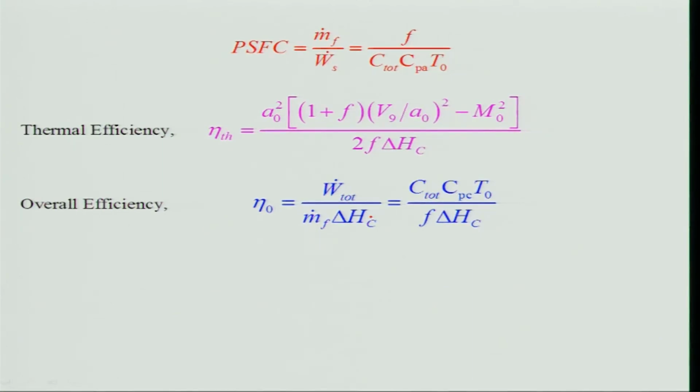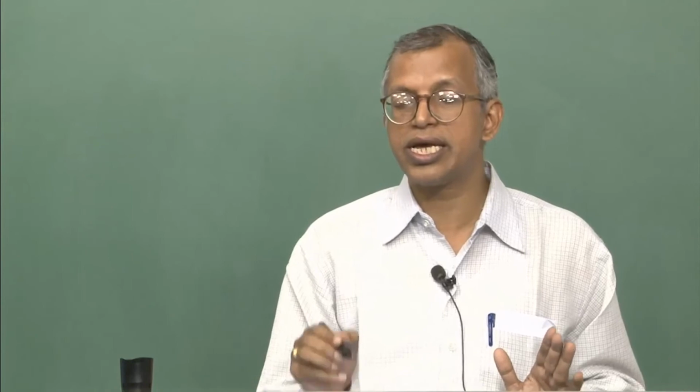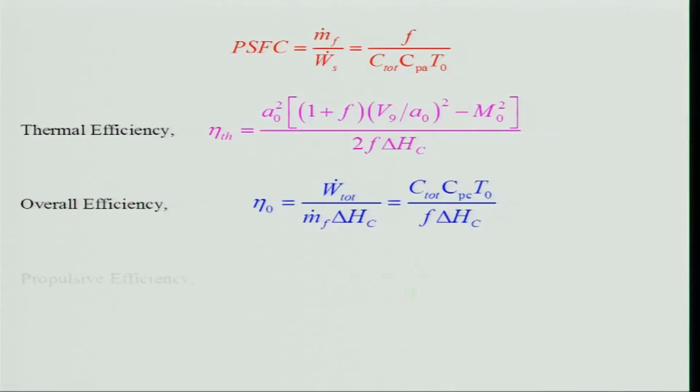Keep in mind that in a turboprop engine you get propulsive efficiency by determining the overall efficiency and thermal efficiency, but in the case of the turbojet we get it directly. That is the only difference to keep in mind as far as efficiency is concerned; the rest of the efficiencies are similar. Now, we will carry out a parametric analysis and see what we are getting.